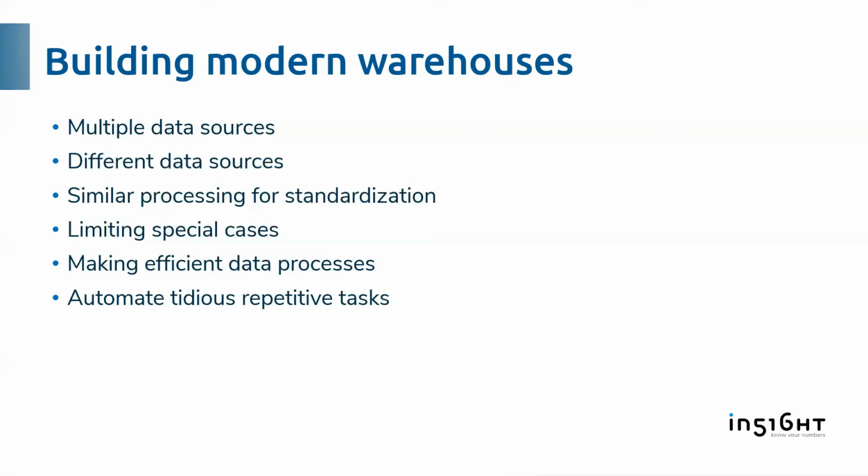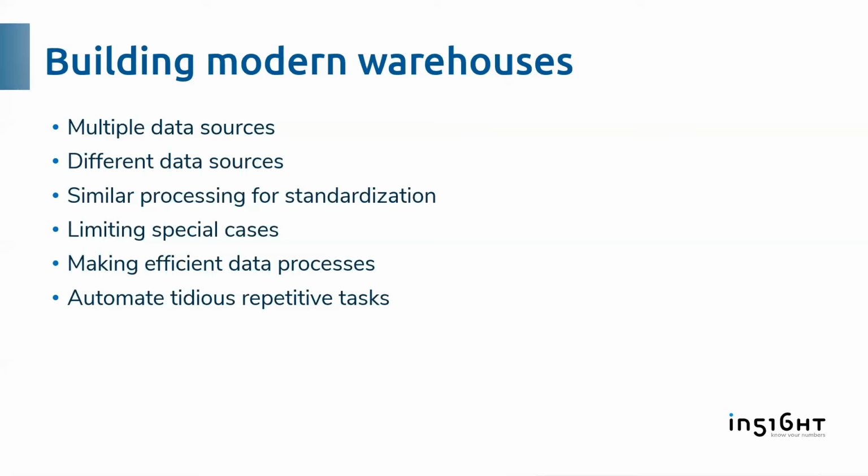Because when every part of every source has a different strategy to load the data to the warehouse, it is very hard to manage it, very hard to support, very hard to get the loads every day into the warehouse. So the main thing is to limit the special cases to the minimum, and to get those special cases standardized as much as possible, so that we can have as few different loading processes as possible.